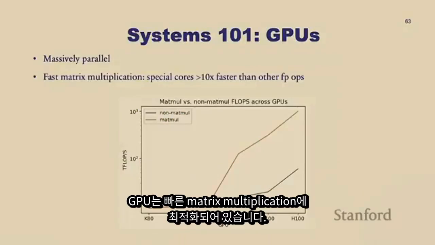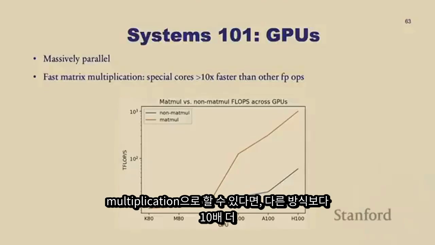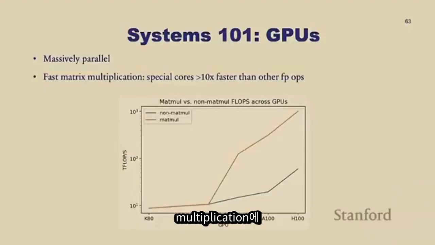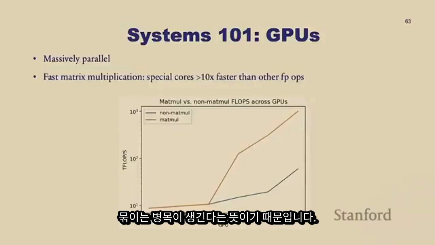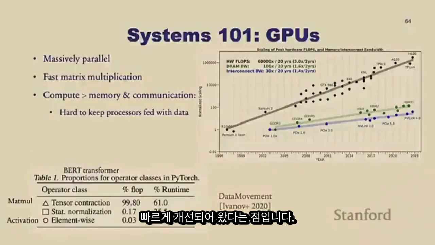GPUs are optimized for fast matrix multiplication. Every time you do something on a GPU, if you can do it with a matrix multiplication, it's going to be 10 times faster than with anything else. That is a little annoying because it means we are bottlenecked to doing everything with matrix multiplications. Another thing to note is that compute has been improving faster than memory and communication.